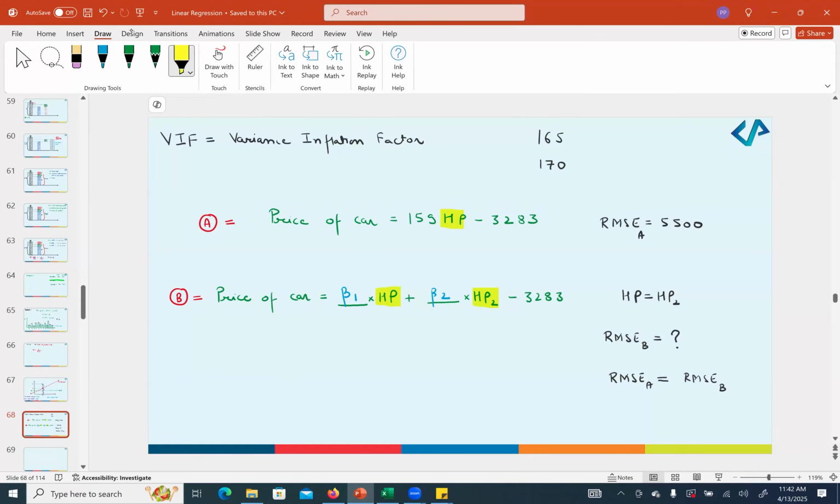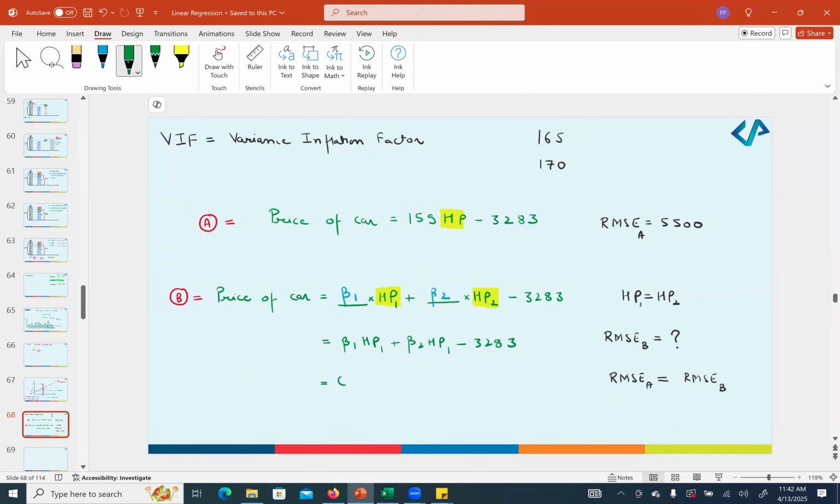And both are going to have the same impact on the price of the car. Or let's think about it from this perspective. If this was horsepower 1, can I write this equation like this? B1 horsepower 1 plus B2 horsepower 1 minus 3283. Are these two equations the same? Yes, because horsepower 1 and horsepower 2 are exactly the same.